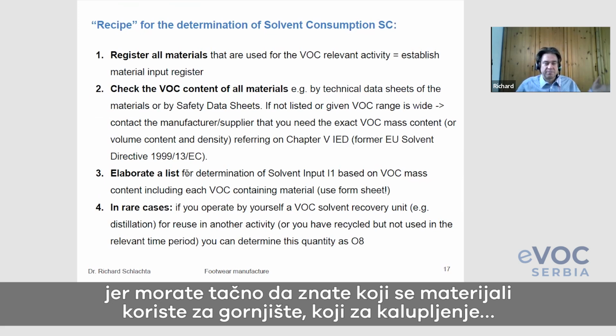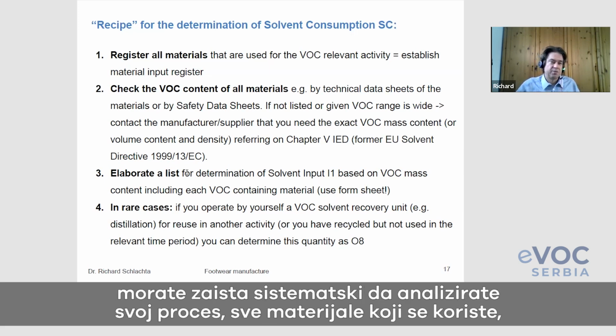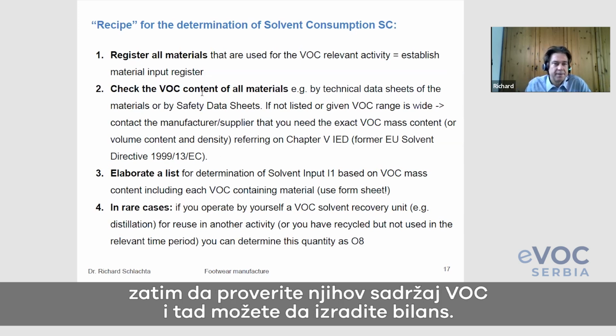So just to see what materials are applied for the upper, what materials are applied for the lasting, and so on. So you must systematically analyze all the materials that are applied, and then you check the VOC content, and then you can elaborate this list.